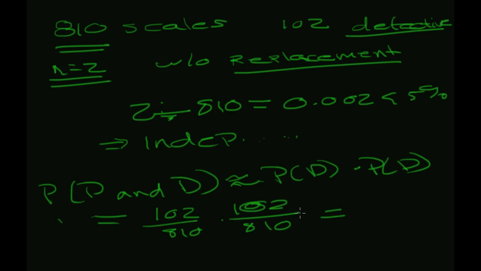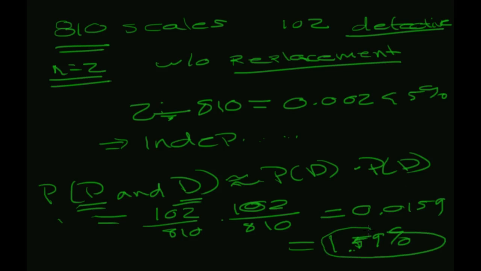So that works out to be roughly 0.0159, which is 1.59% of the time. So the way I would get 2 in a row that are defective scales from the entire population is 1.59% of the time.